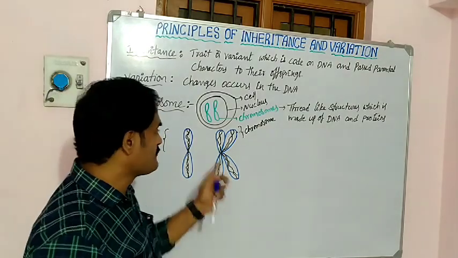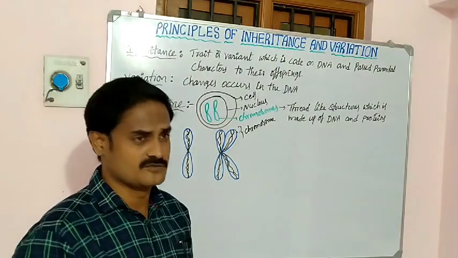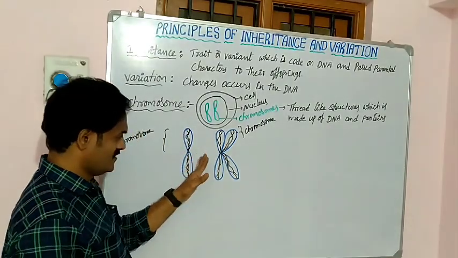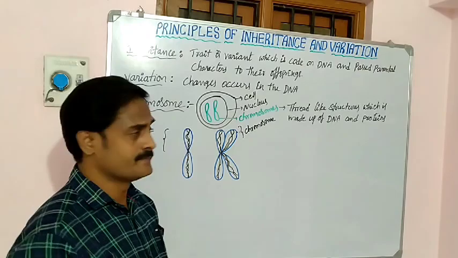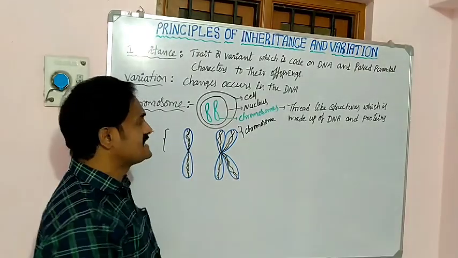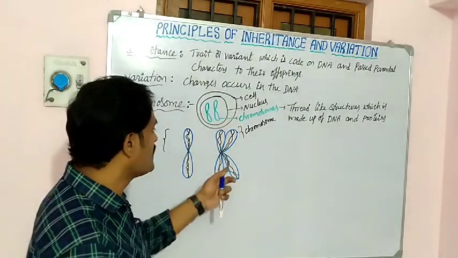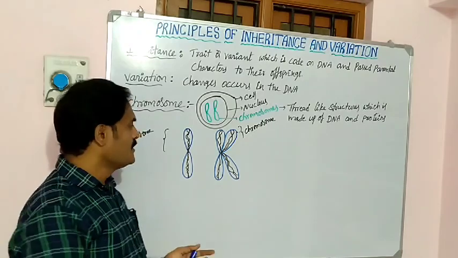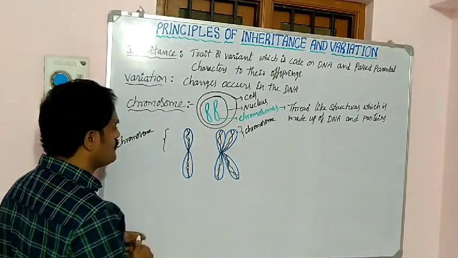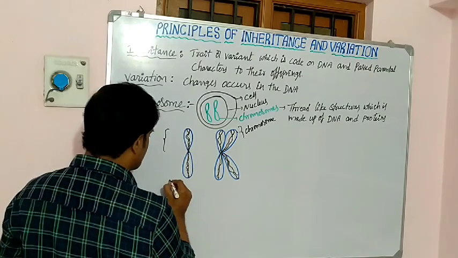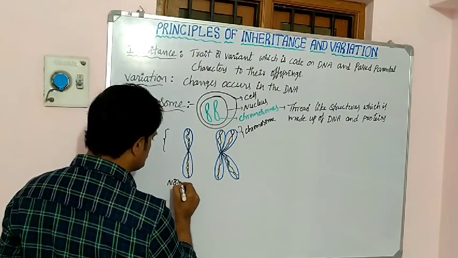So this whole structure is also a chromosome. What is the difference between these two chromosomes? Remember, both are single chromosomes. But how do they look? This chromosome is a normal chromosome.